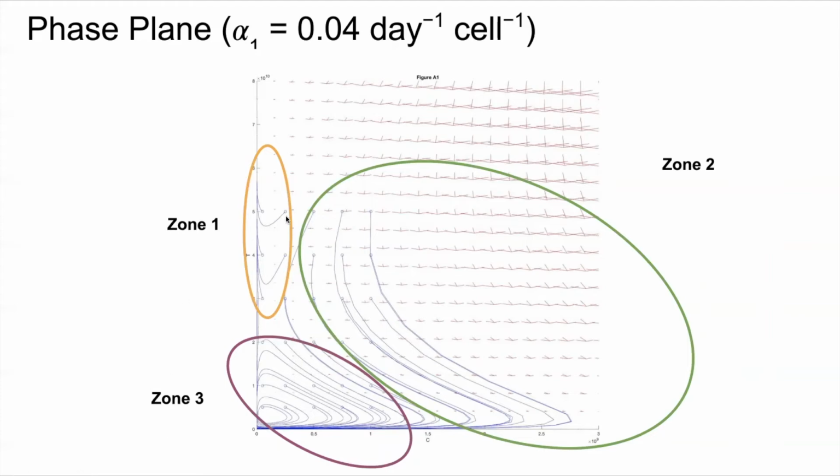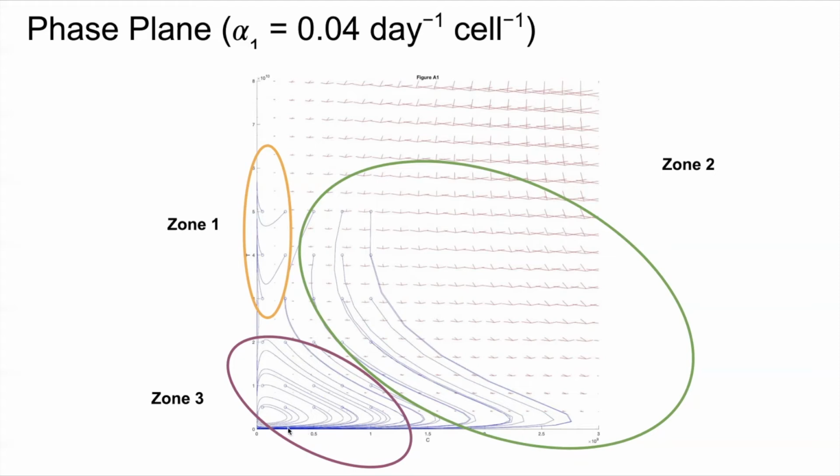So first, you can see with the initial conditions in Zone 1, the CAR T cell population is decreased and the tumor population is increased. Whereas in Zone 2, with these initial conditions, the tumor population is decreased and the CAR T cell population is increased.